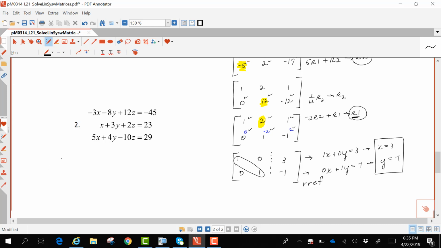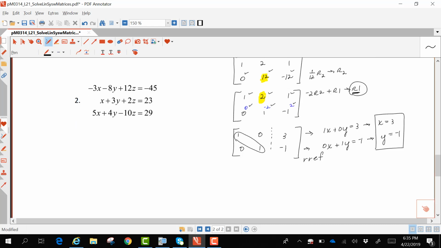Number 2 is quite a bit more lengthy, and it's also a little more difficult. So in this case, I'm going to pull up the calculator and show you how to get the reduced row echelon form of your augmented matrix, which will ultimately give you the solution to this large system of equations.